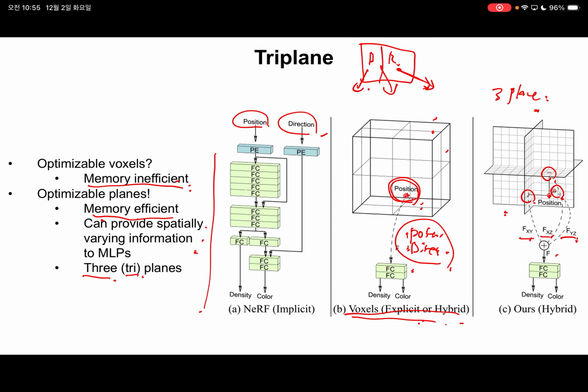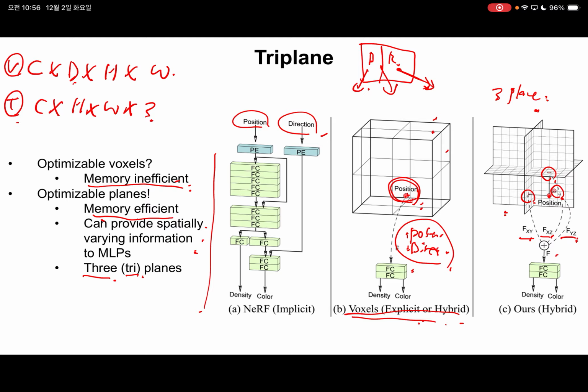For example, voxel is C, depth, height, W. This is voxel. And triplane is C, height, W, right? So if depth is larger than 3, triplane is always memory efficient.